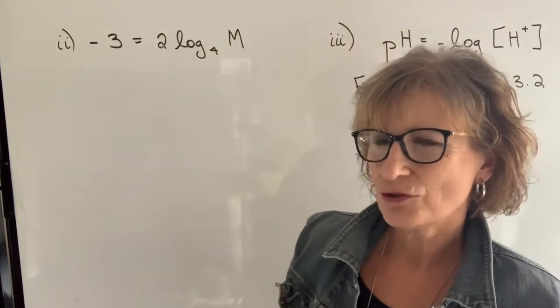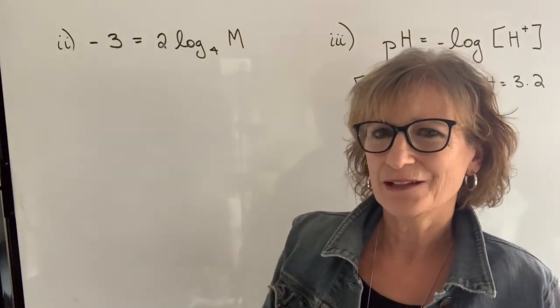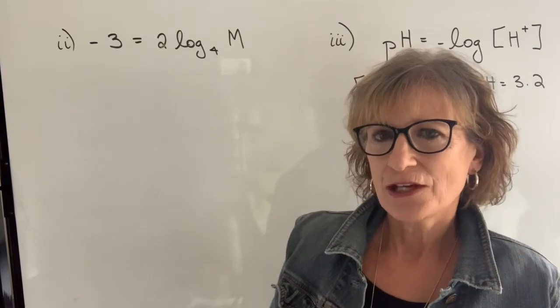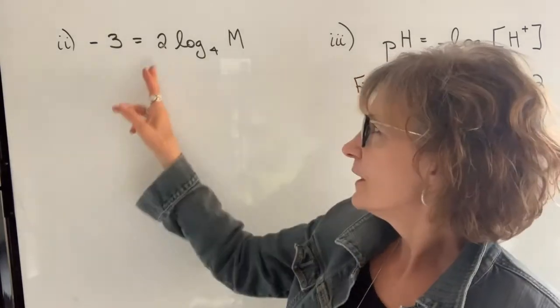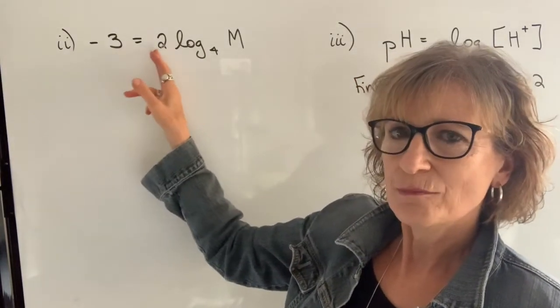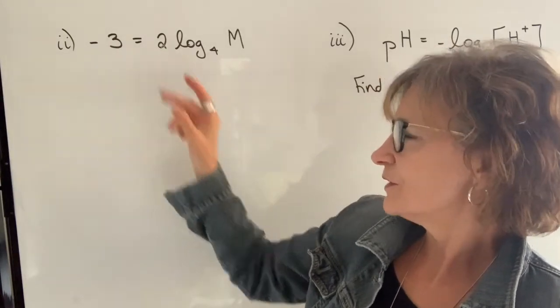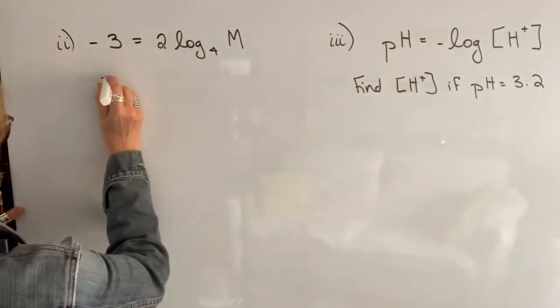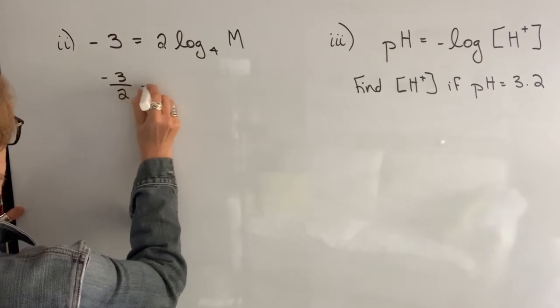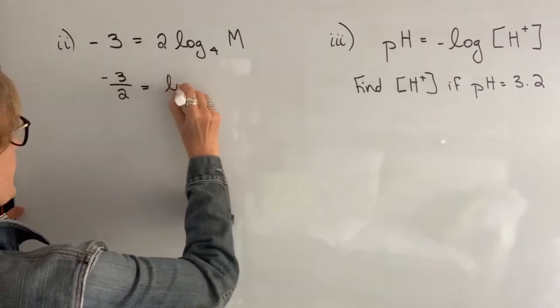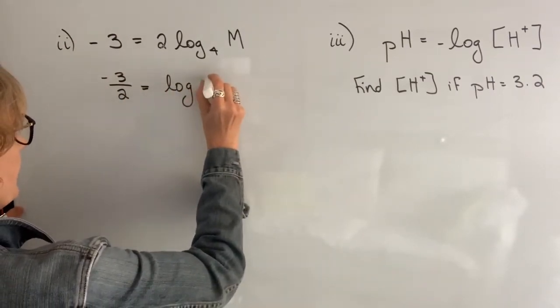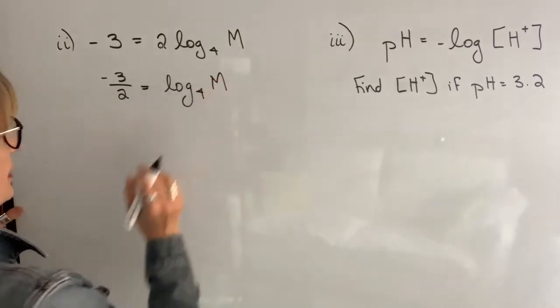But because we're trying to solve for m, I'm going to avoid getting powers of my unknown. So the other option, and what I would prefer to do, is I'm going to divide both sides by this coefficient. So negative 3 divided by 2 on this side. When I divide by 2 on this side, I'll simply have the log of m base 4.